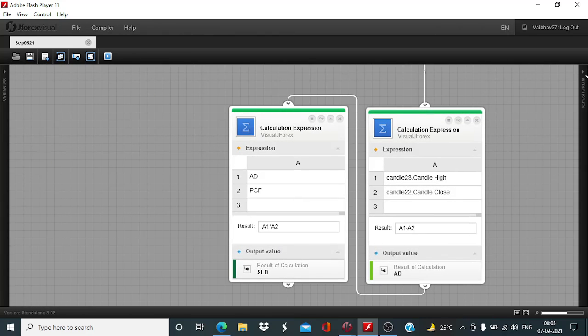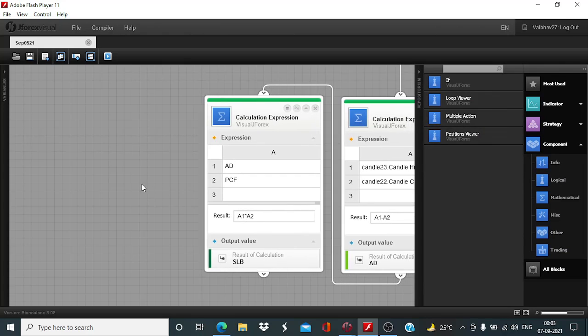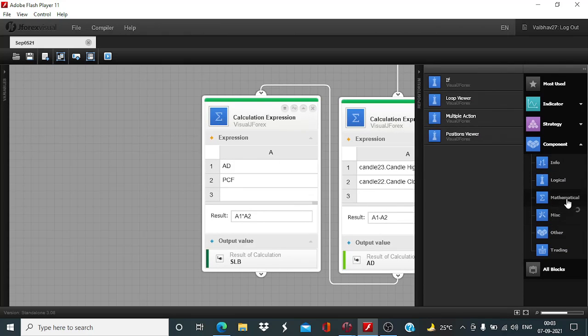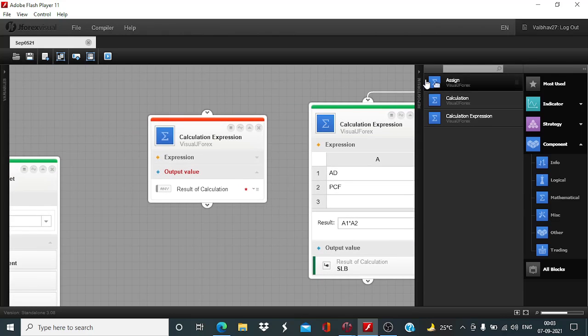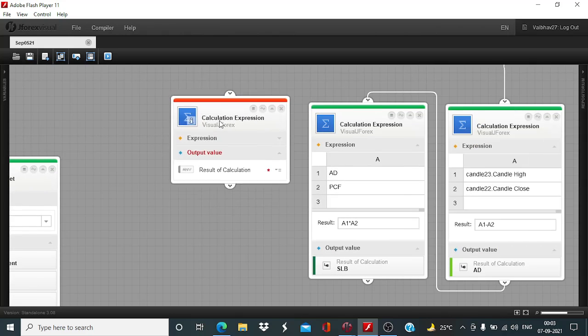So all we have to do is get a new calculation expression and multiply this SL variable with 2.